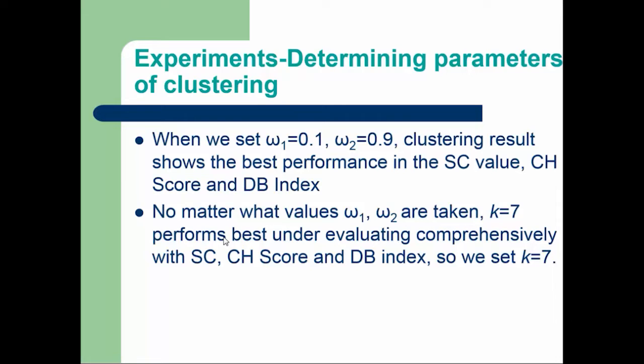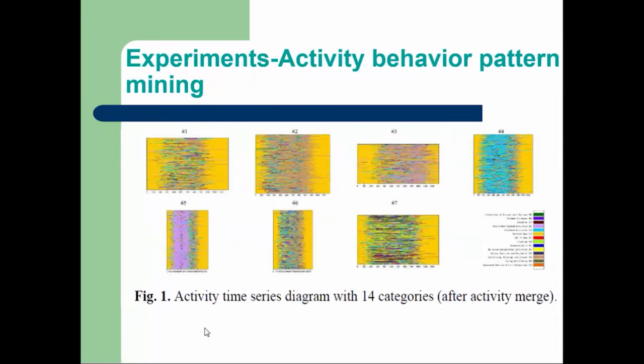No matter what values omega 1 and omega 2 take, K equal to 7 performs best in evaluation. So we set K equal to 7. Figure 1 gives the activity time series of 7 clusters. One category corresponds to one color.